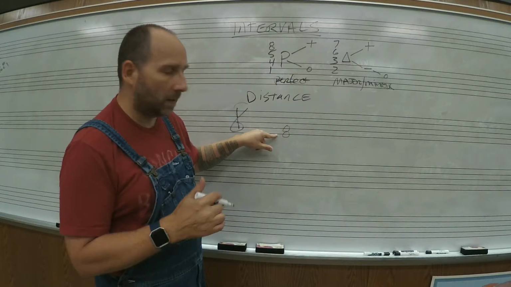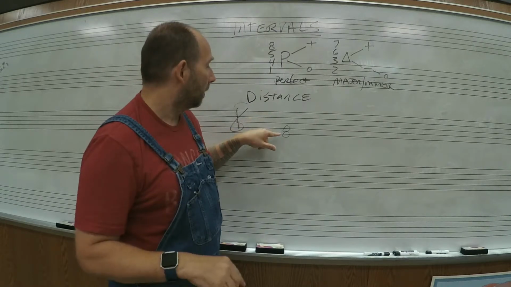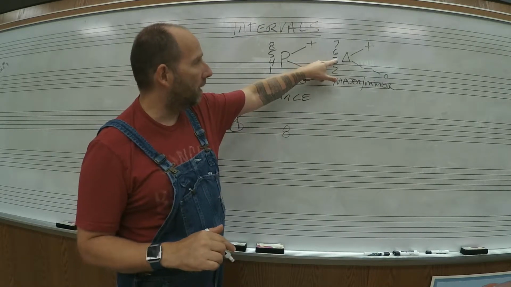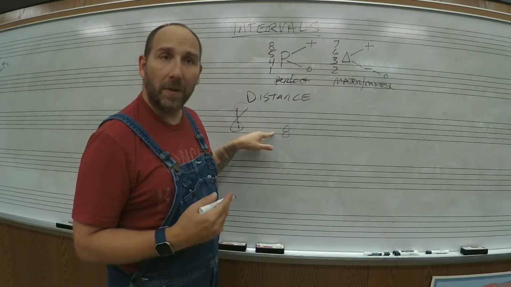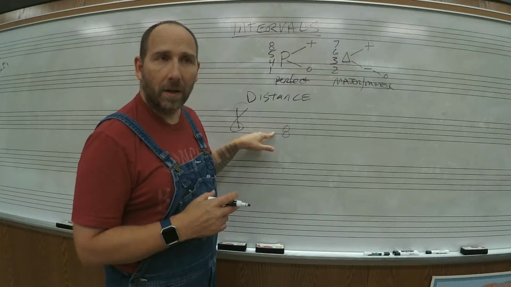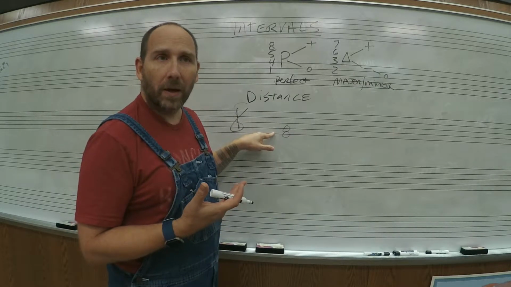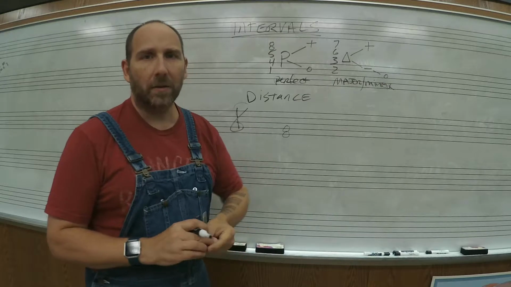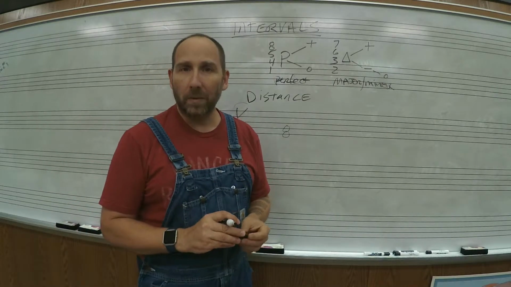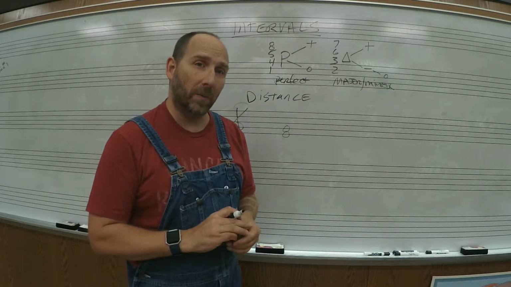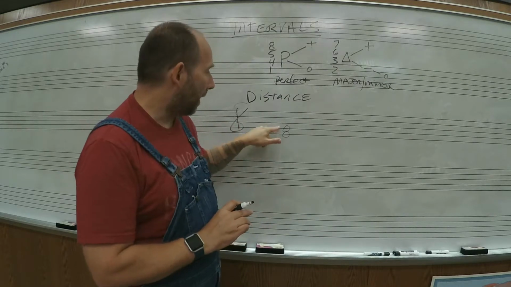This is a third: E, F, G, 3. So is E to G a major third? I would find that out by pretending I'm in the key of E and the E major scale. What kind of a G do you have in the E major scale? I think you probably know by this point that that should be a G sharp to be major. But we don't have a G sharp.